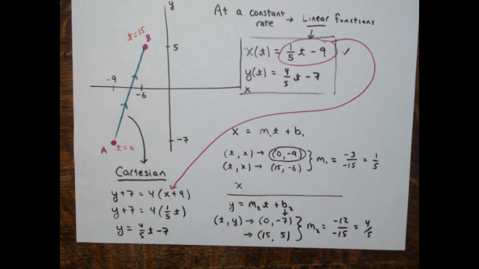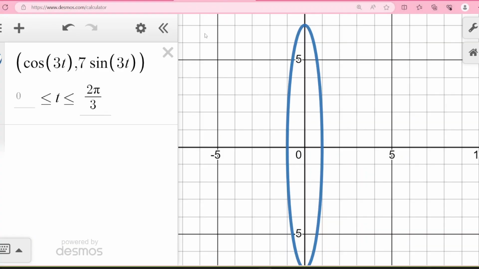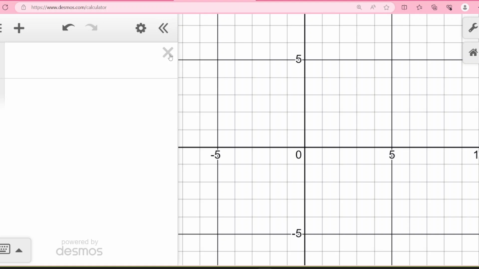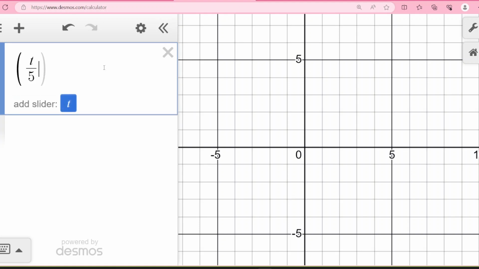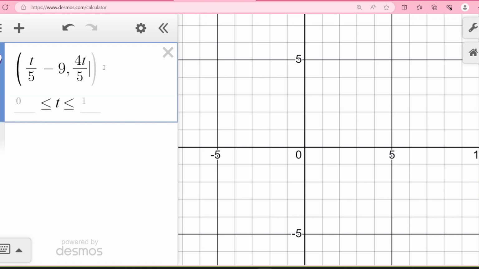And just to double check, let's go to Desmos, and I'll put in these parametric equations in parentheses as an ordered pair. The first one was t divided by 5, 1/5 t minus 9 for the x's. And then the second one was 4t over 5, 4/5 t minus 7.